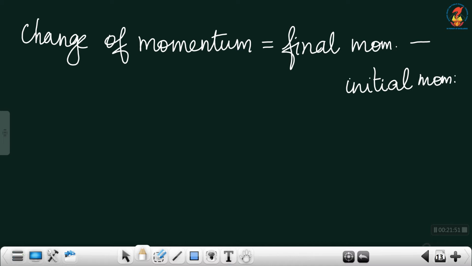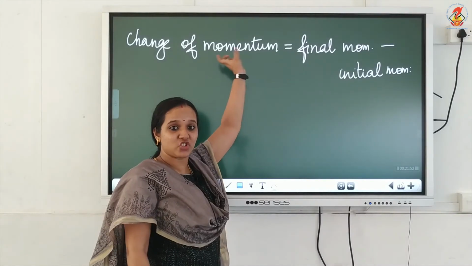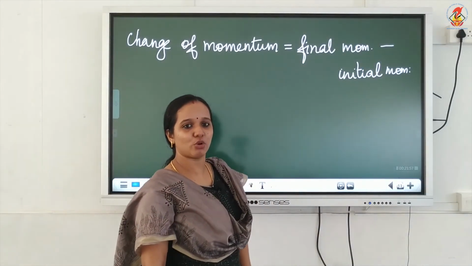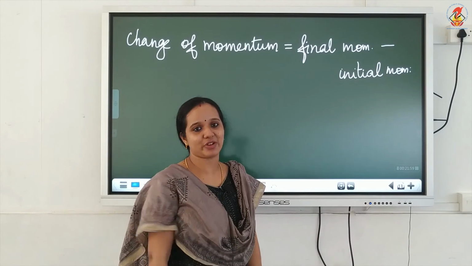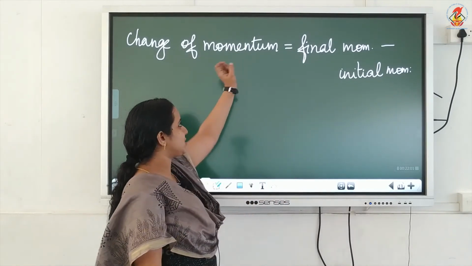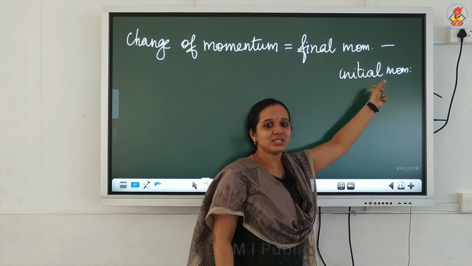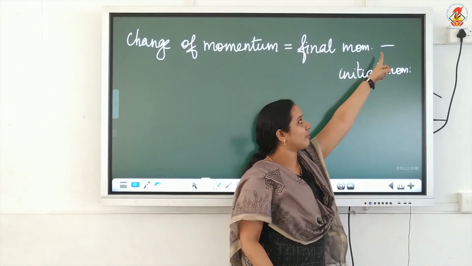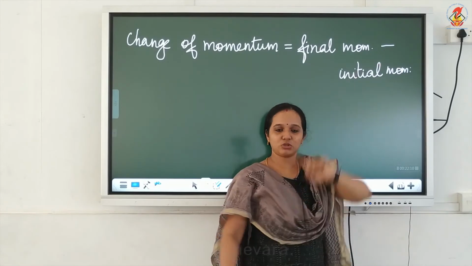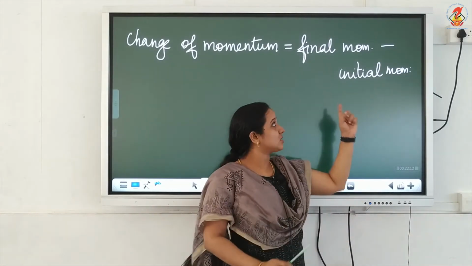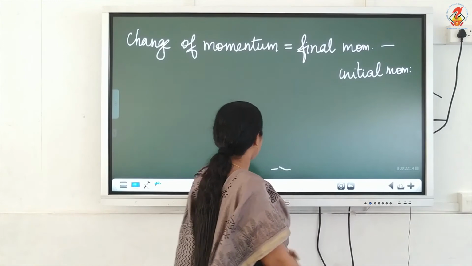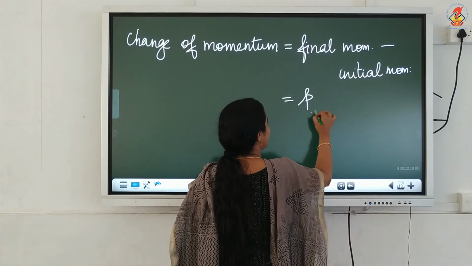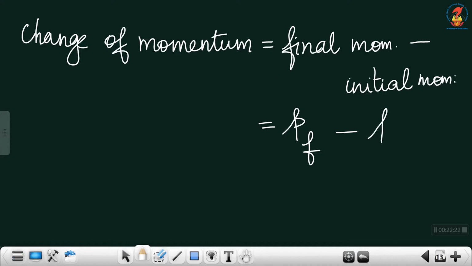To find the change that occurred in momentum, we need to go for subtraction, we need to take the difference. So, change in momentum means final momentum minus initial momentum, which is equal to Pf minus Pi.